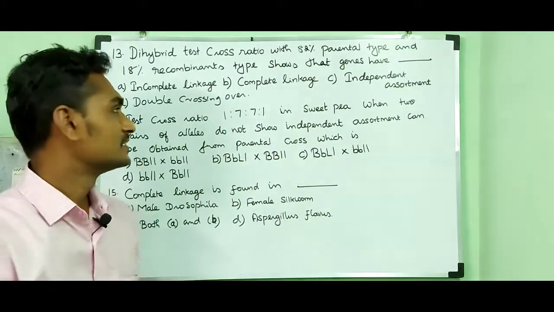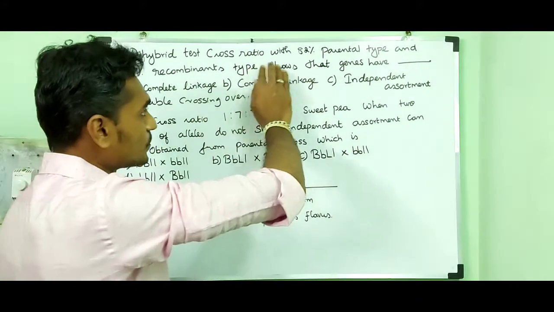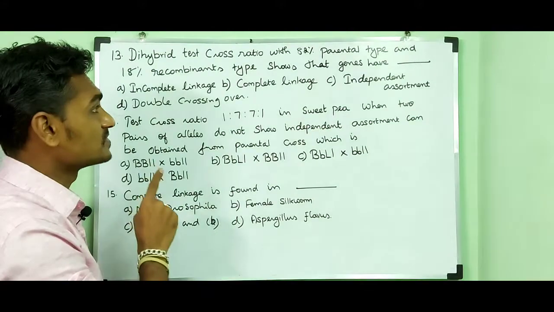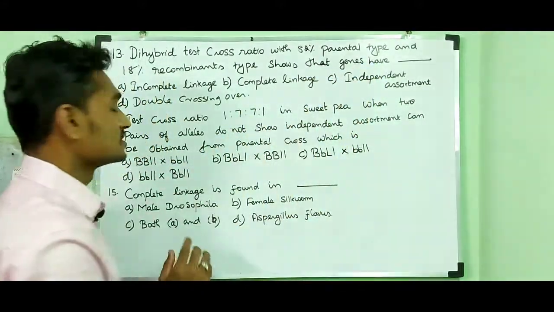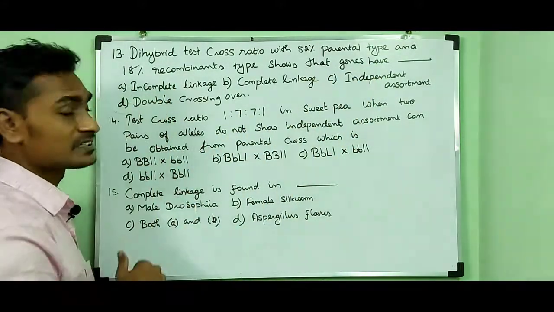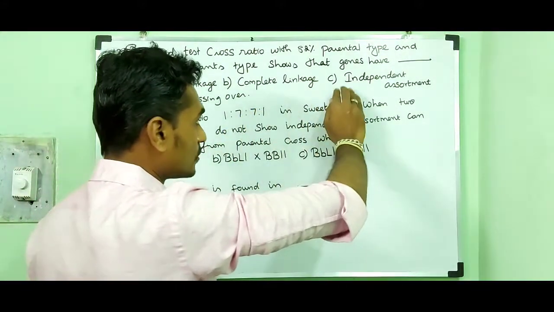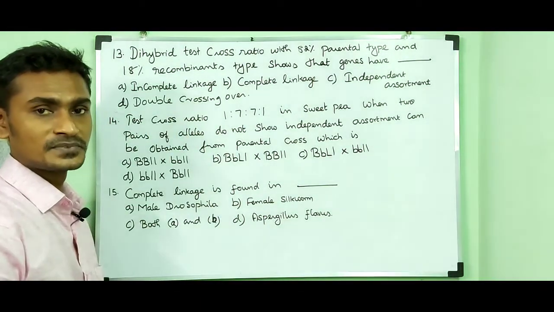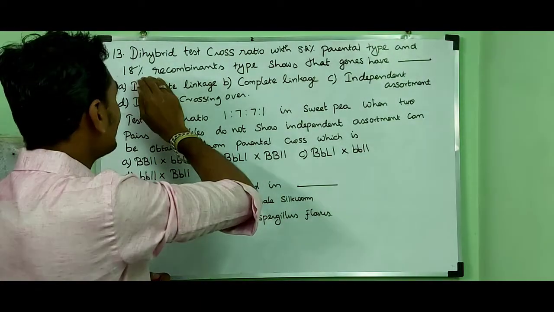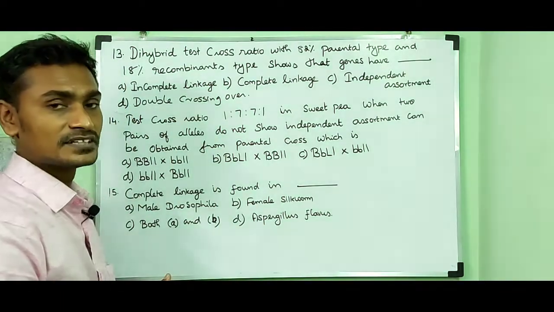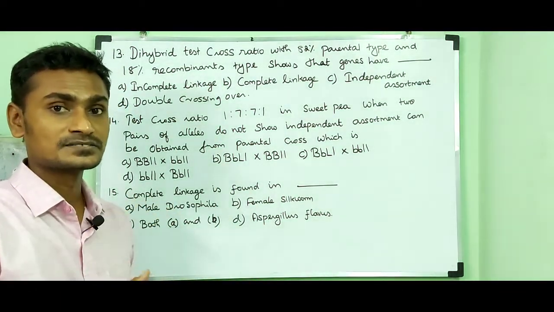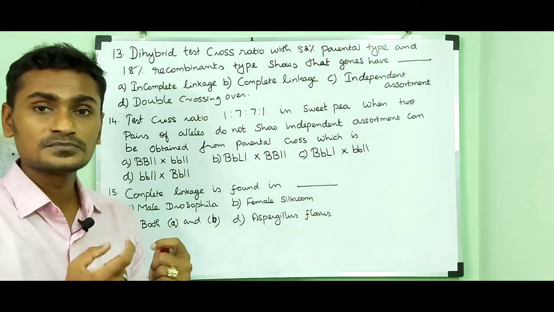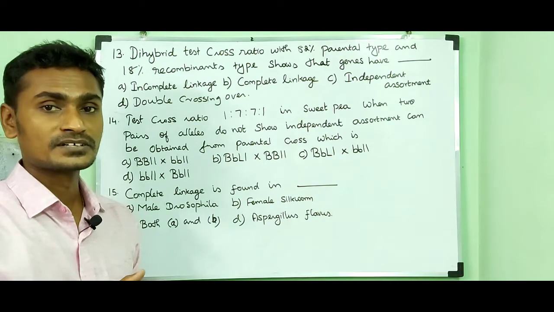The next question: a dihybrid test cross ratio with 82% parental type and 18% recombinant type shows the genes have dash. Option A, incomplete linkage. Option B, complete linkage. Option C, independent assortment. Option D, double crossing over. Here they have mentioned 18% recombinants, which means crossing over occurs, but at a lower frequency.